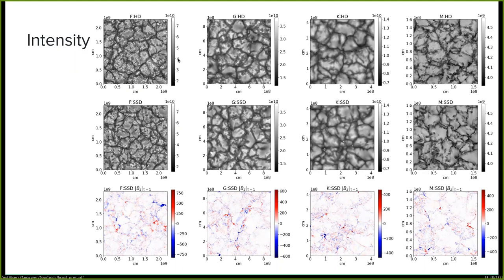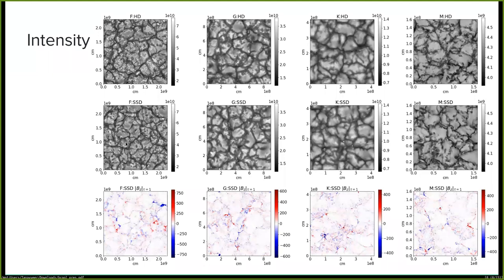Here you can actually, just by looking at these snapshots, very qualitatively see some small but still apparent changes when one goes from a hydrodynamic case to the small scale dynamo case. For example, if you look at the S star granulation, you can see that at smaller scales in the granule centers, it's quite bright and turbulent looking, but as soon as you put in small scale dynamo fields, you see it becomes much smoother, almost solar-like.